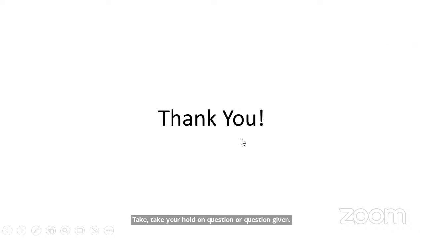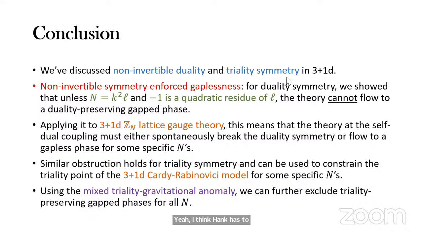Yep. So thank you for the very interesting talk. If I remember your argument correctly, you're looking at theories that preserve the Zn symmetry, and then you're trying to exclude the IR fixed point being gapped, basically.